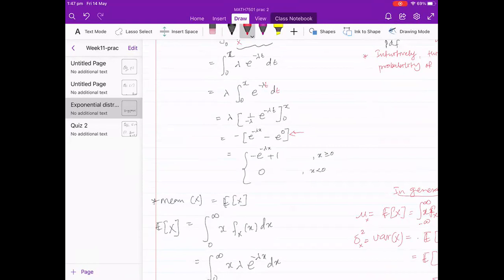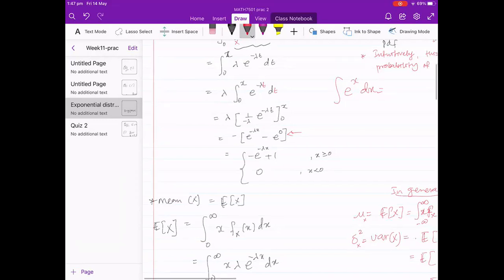This is the general rule for the integral of e to the x. What's the integral of e to the x? This is basic calculus.